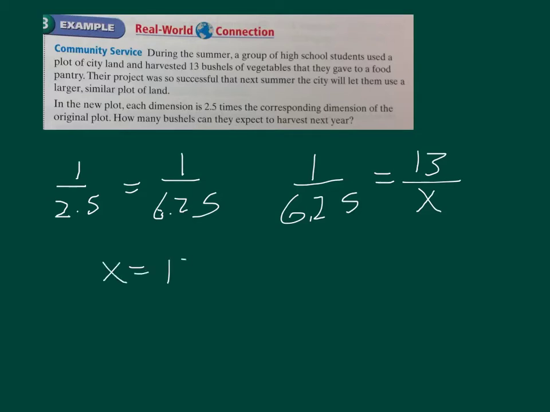X is going to equal 13 times 6.25. So you're going to get approximately 81 bushels of vegetables, or just a little over that.